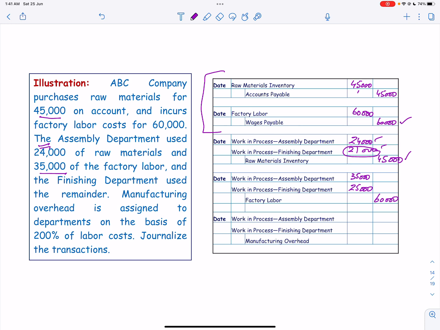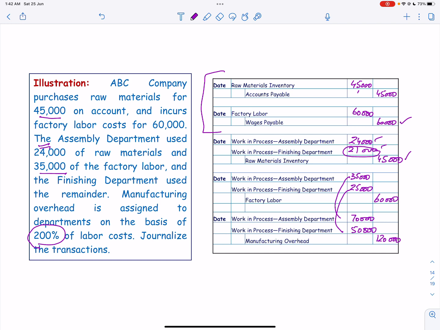Then manufacturing overhead is assigned to departments on the basis of 200% of labor cost. Now labor cost is 60,000. So 200% of 60 is 120,000. And work in process assembly is going to be 200% of 35, that is 70,000, and 200% of 25 will be 50,000.